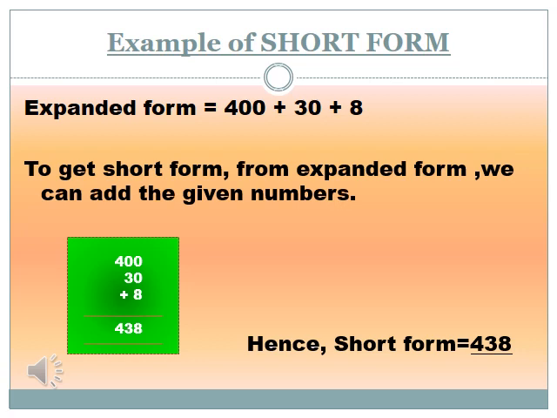Expanded form is equal to 400 plus 30 plus 8, and we have to find its short form. So to get short form, let's add all the numbers. 400 plus 30 plus 8, arrange them in column and add. After addition, we get 438. Hence, the short form will be 438.